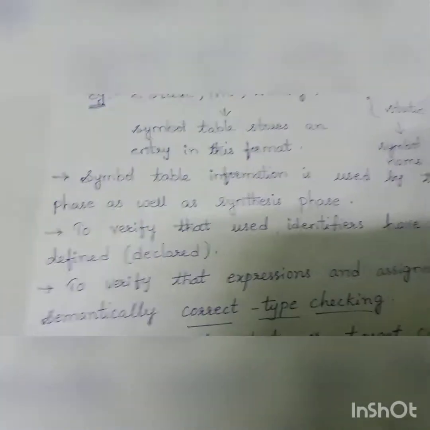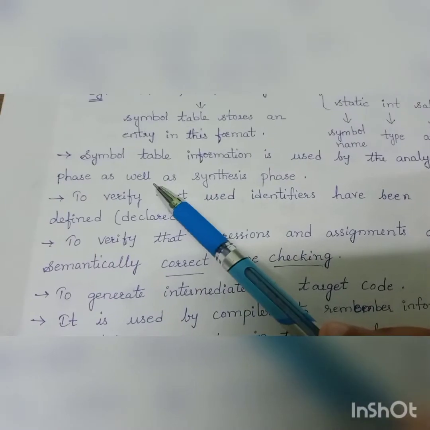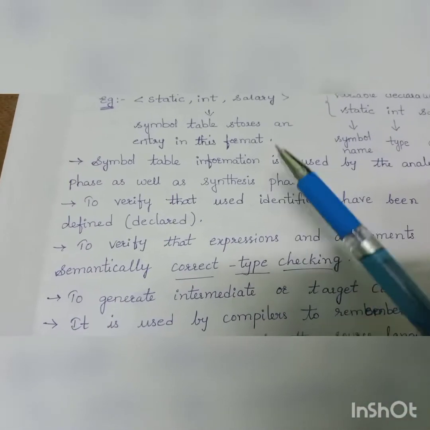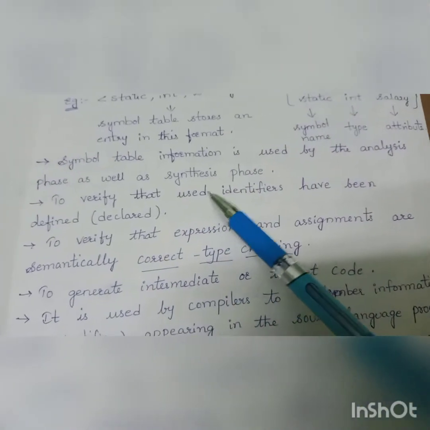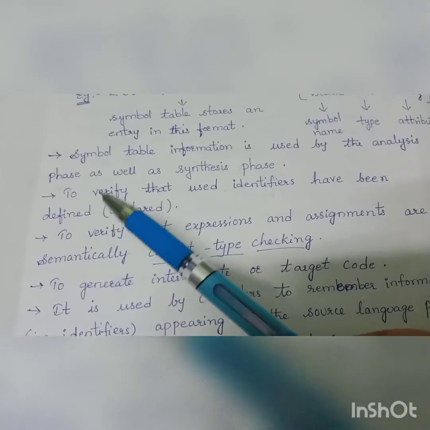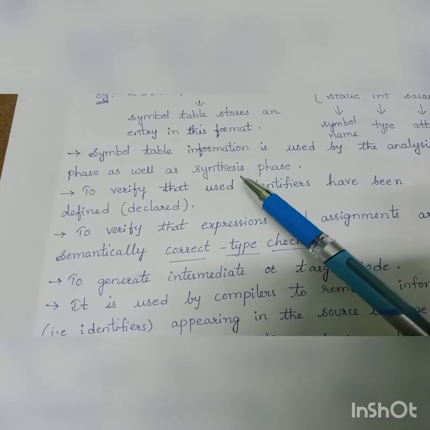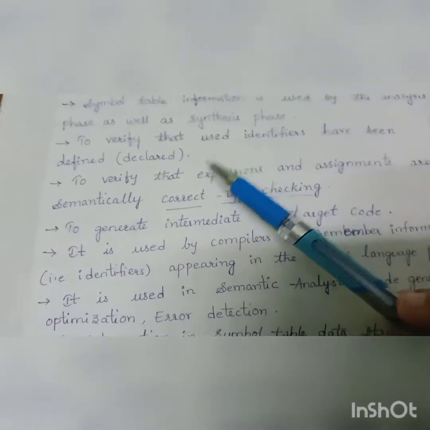Symbol table information is used by the analysis phase as well as the synthesis phase. So in both phases, the symbol table information is used to verify that the used identifiers have been defined or declared. Whether the identifiers which we are using in the programs have been declared or not can be checked in the symbol table.